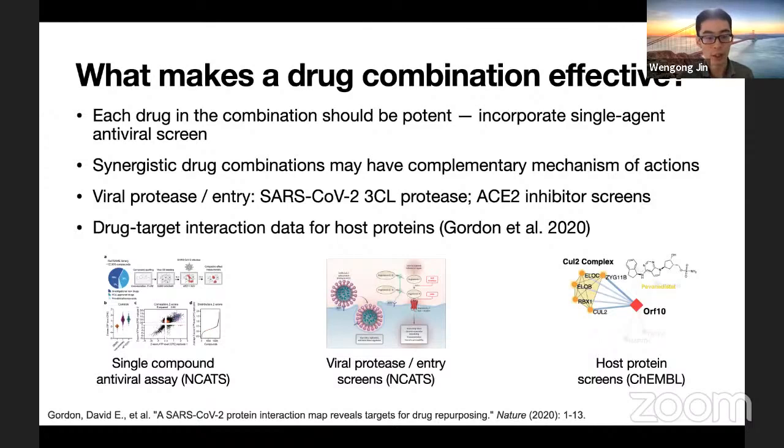Also, recently there's a well-received paper from UCSF, which identified around 300 targets that interact with the SARS-CoV-2 proteins. So we want to incorporate this information into the model when we reason about drug combination synergy.